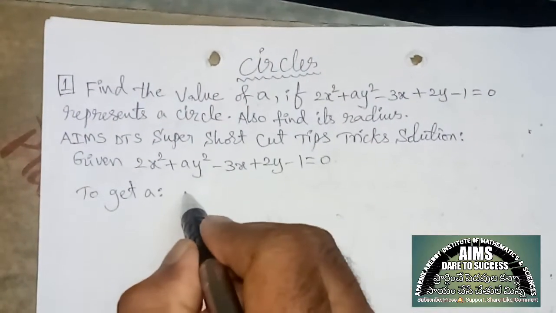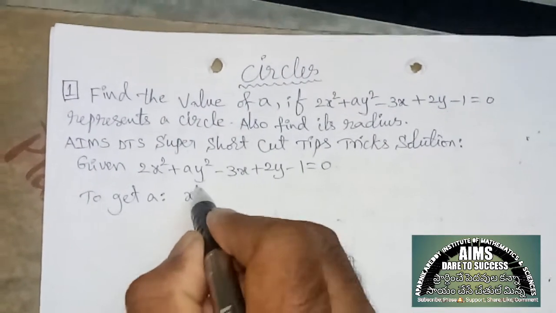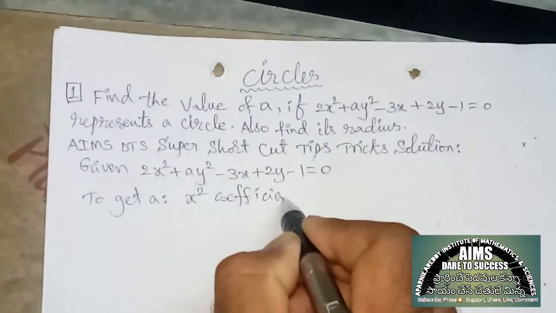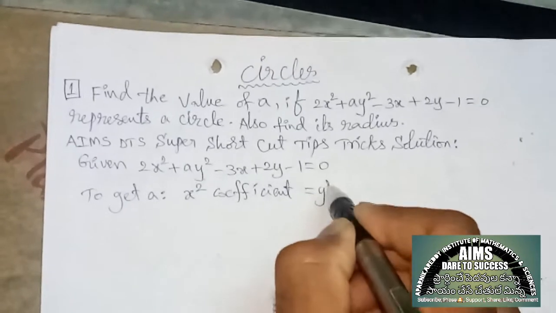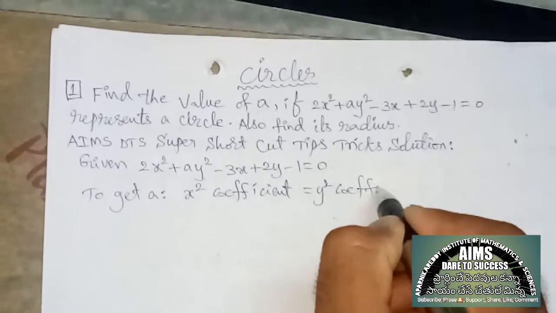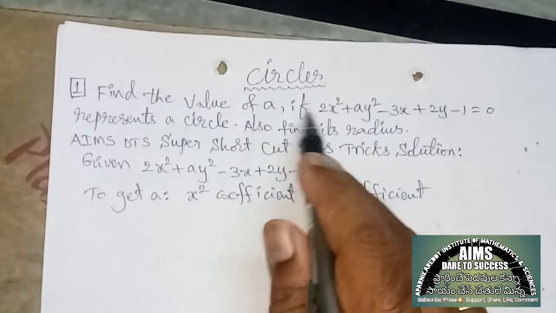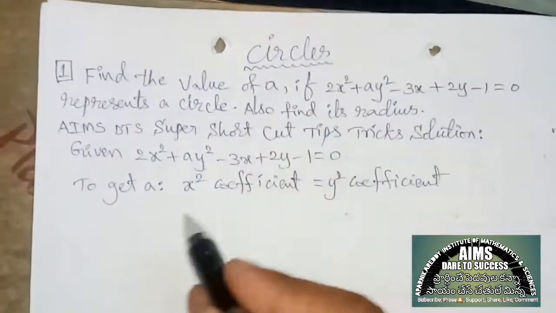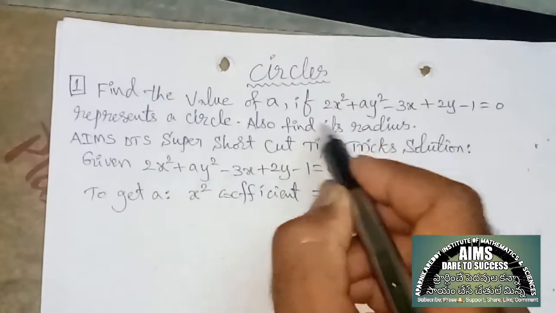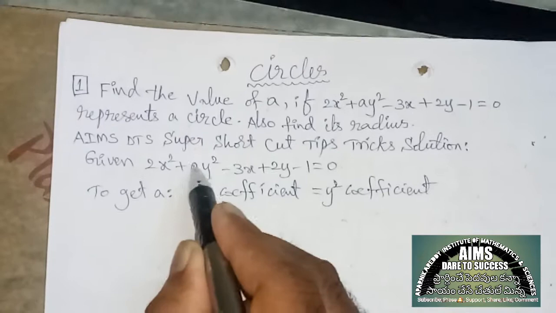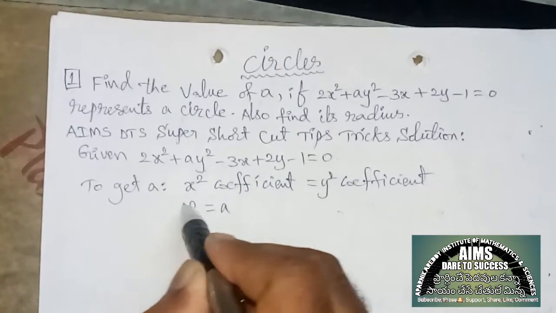To get a value, x square coefficient is equal to y square coefficient. This is a shortcut to get the constant a. So the x square coefficient from the given circle is 2, which is equal to the y square coefficient, a.